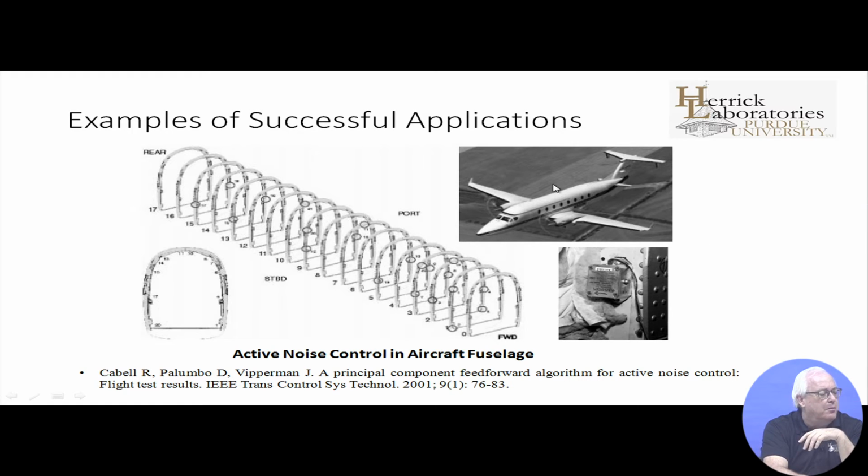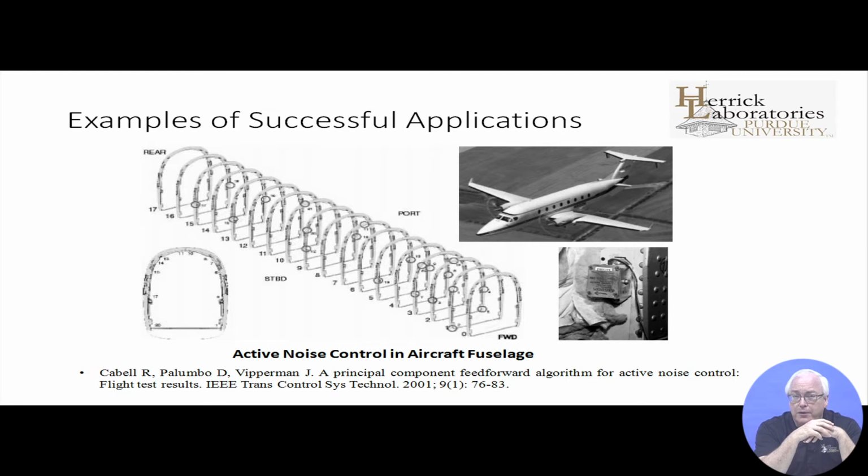This plane was a test vehicle. It was being used by NASA, involving relatively large numbers of sensors and loudspeakers to generate the sound fields. We don't have, unfortunately, a picture of this, but the one group that adopted active noise control in a production aircraft was the Swedish company Saab.